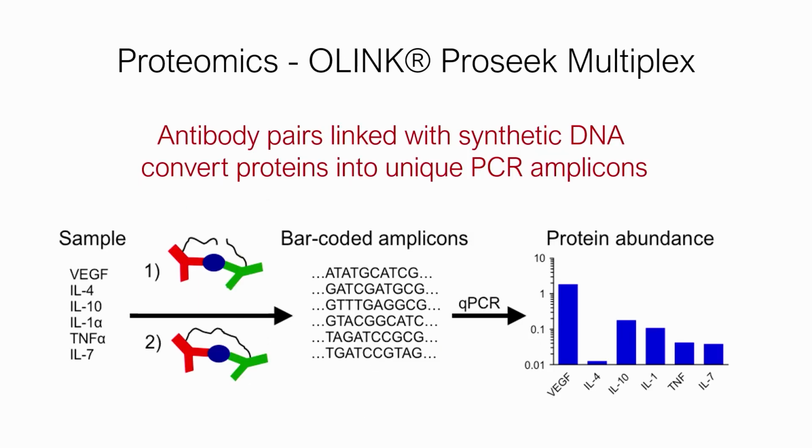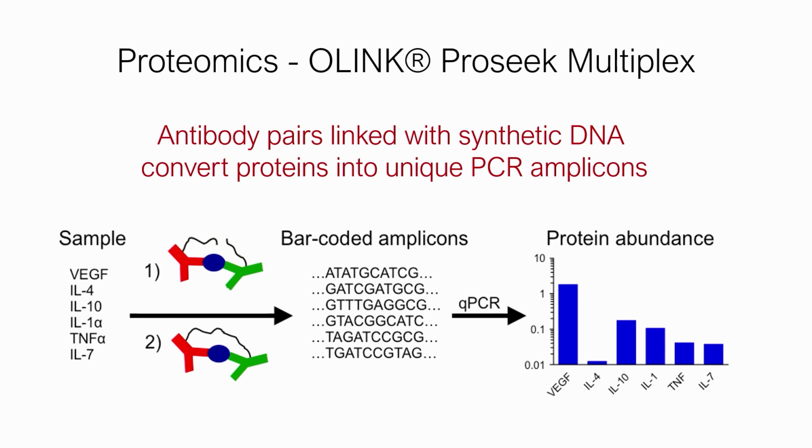So multiplex assays such as Olink assays are not a proteomic approach. There are curated panels out there that can analyze hundreds of different proteins within a sample. For example, this platform consists of two monoclonal antibodies that bind the target, and attached DNA can hybridize when those antibodies bind their target.